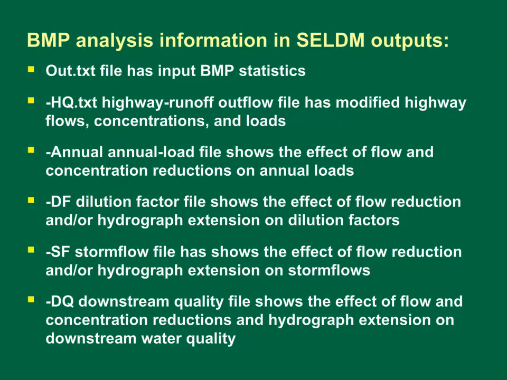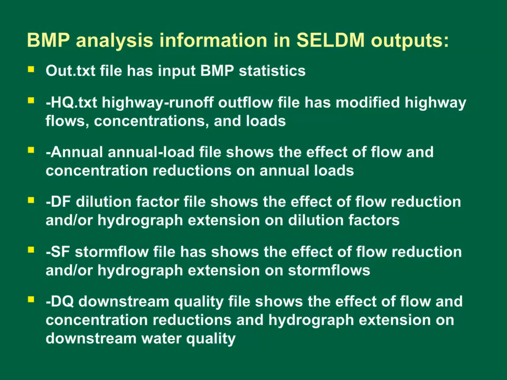All the SELDM output files show some effects of BMPs on flows and water quality. Here are the main outputs. The out.txt file has input BMP statistics. The -HQ text highway runoff outflow file has modified highway flows, concentrations, and loads. The annual load file shows the effect of flow and concentration reductions on annual loads.